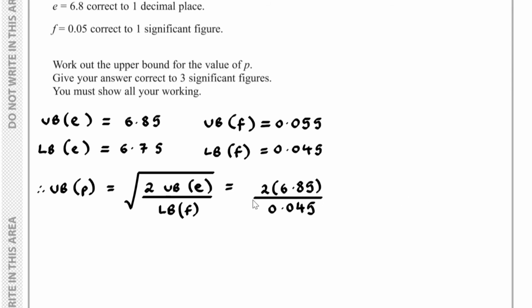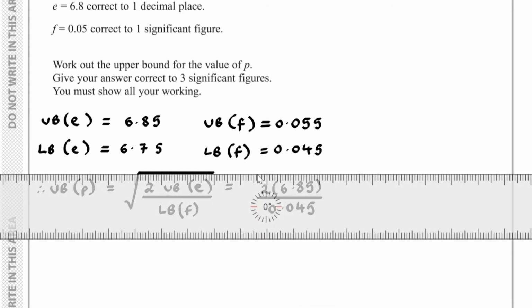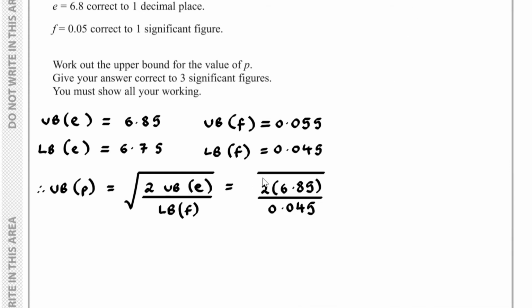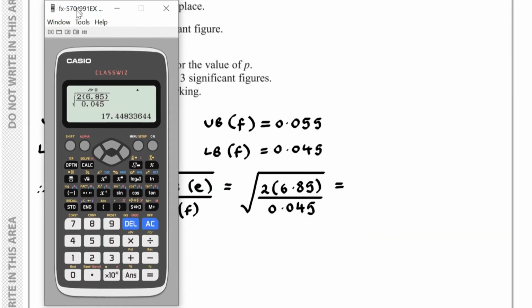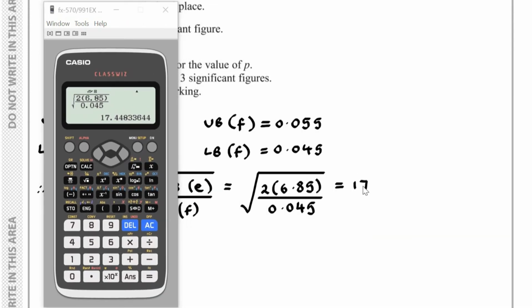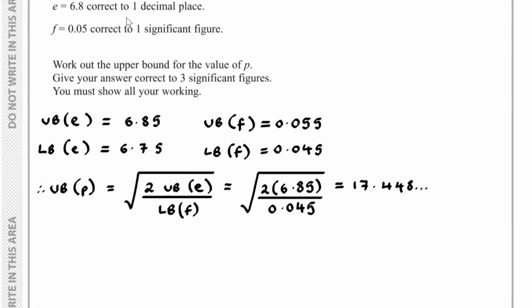And then this needs to be square rooted, and working this out, we get this value here, which is 17.448, etc. Now, to 3 significant figures, p is equal to 17.4.